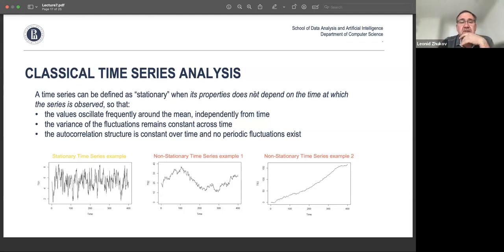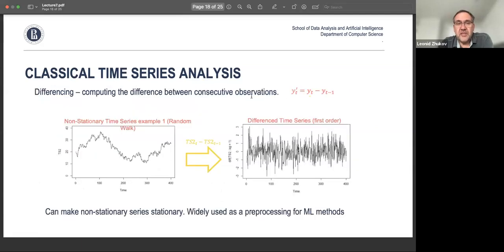On the right-hand side, there are examples of non-stationarity, where you see large oscillations, or maybe there is a trend. We already talked about this: you can remove the trend or seasonality, and that will bring your non-stationary data to stationary, and you want to model stationary data.